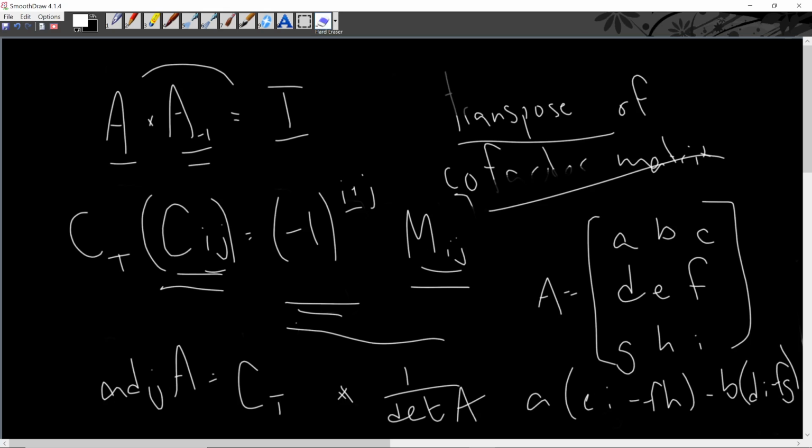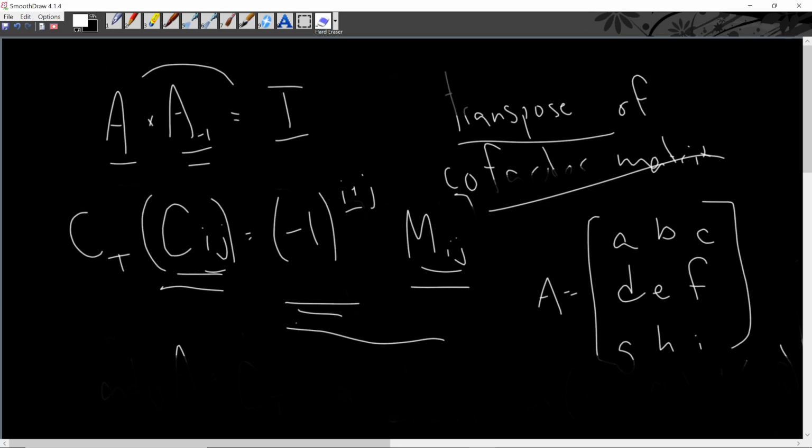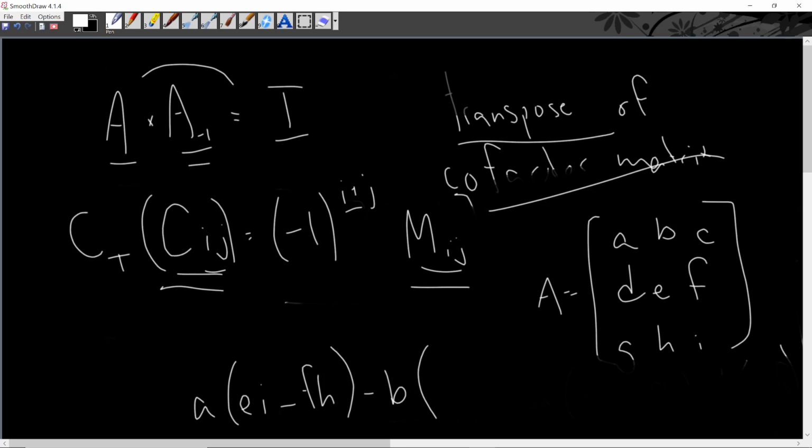Well, let me actually give myself more space. Okay, let's write this one more time. We have A times (EI minus FH) minus B times (DI minus FG) plus C times (DH minus EG).